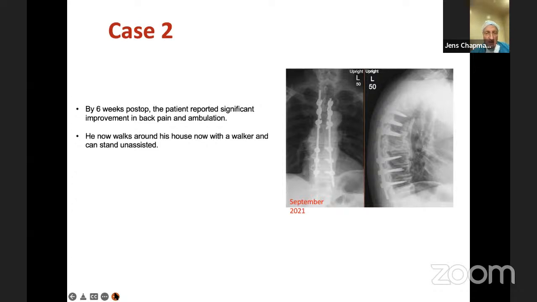In the bigger picture, Rick Guy, I think you really hit it on the head. We really lack a risk score, such as the SINS score for oncology, for infection patients. This patient, in retrospect, at a pretty early time would have benefited from surgery. And again, stability plays a very significant role in successful treatment of infections, at least pyogenic infections.